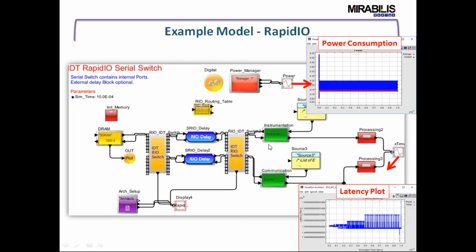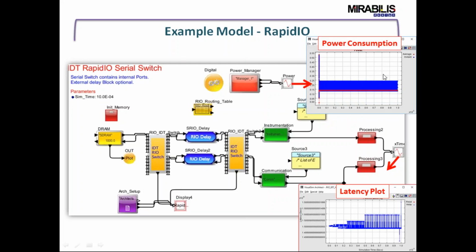These two resources, or endpoints, are considered traffic generators in this case. We have modeled these two endpoints at a very high abstraction level, but we can go to a very detailed abstraction of these models as well. In this case, these two resources can send read or write requests to the DRAM node on the other side of the IDT switch, and we are trying to capture what my write latency or read latency is going to be.